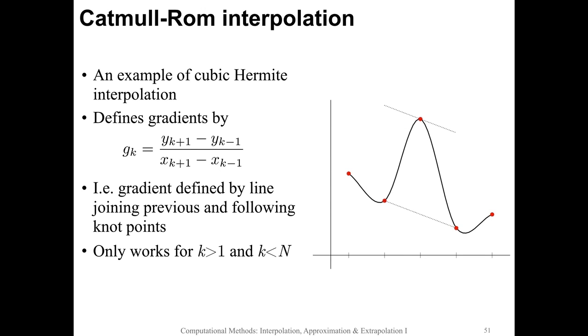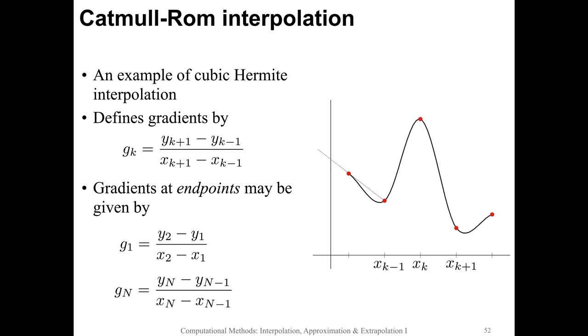So this is just to illustrate how the gradients are calculated over all of the knot points. Ignore the endpoints for now. So we can see that each of the interior knot points, the ones that are not at the ends, has a line that is defined based on the previous and following knot points. But at the endpoints we can do something fairly simple as well.